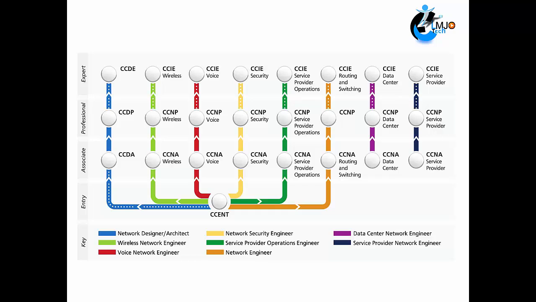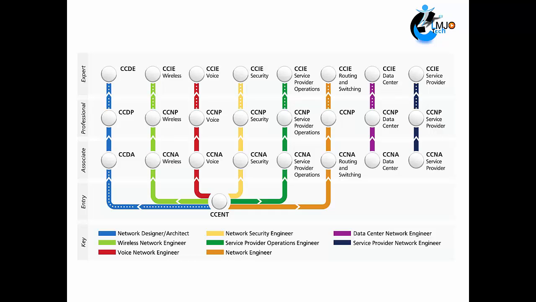Design Professional is higher than CCDA. If you are designing a network for small to medium sized businesses, you can go through CCDA. But if you want to design a network for an enterprise network, which has 15,000 plus users, then you really need the concepts of Design Professional.